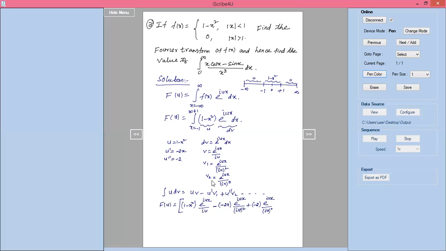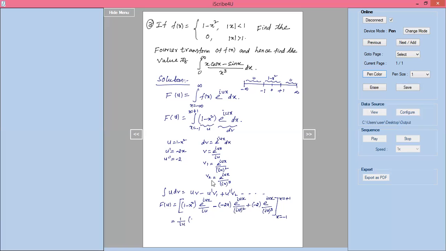The limit is x equal to minus 1 to x equal to plus 1. Now I'll take 1 by iu outside in the first term.